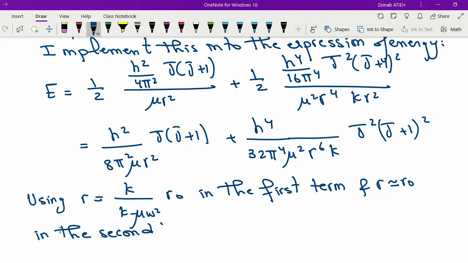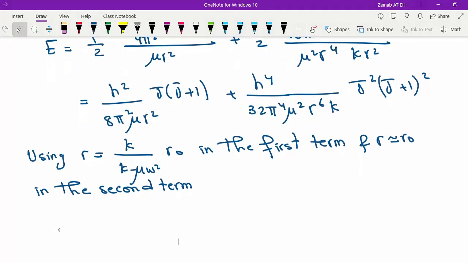The second term. Let's see how our energy appears. So E will be equal to h squared over 8 pi squared mu.